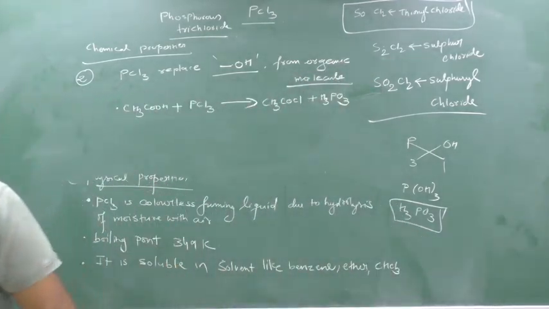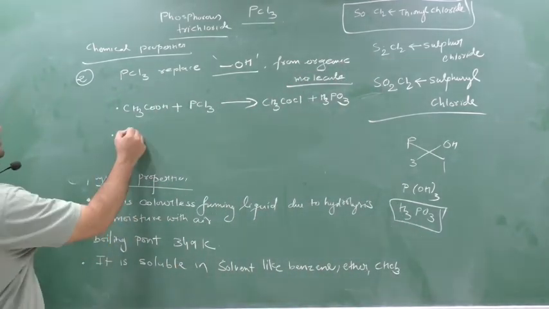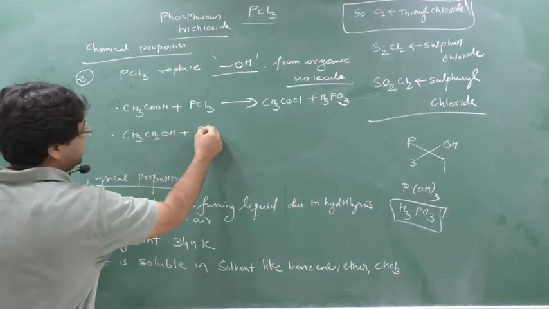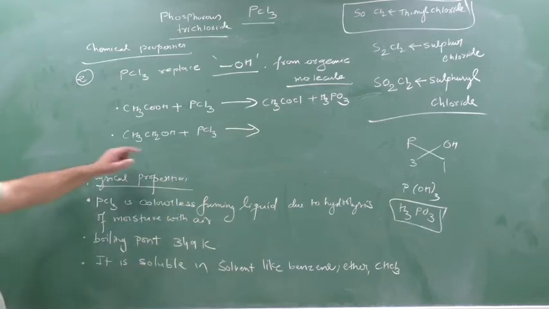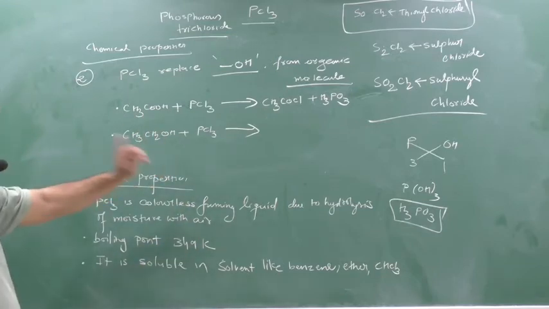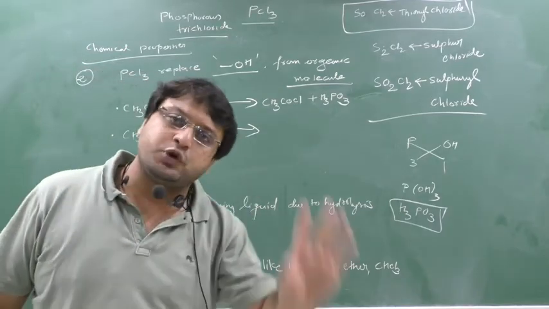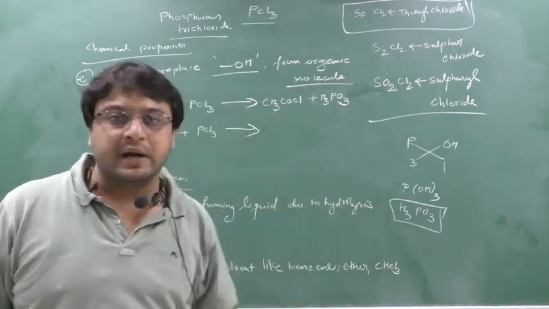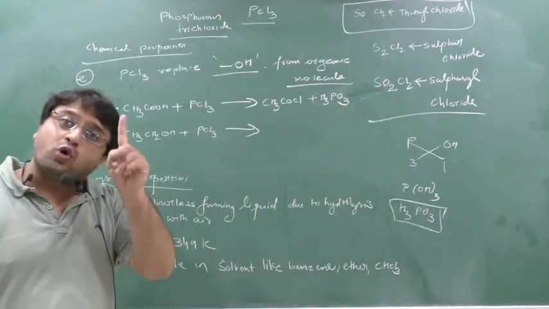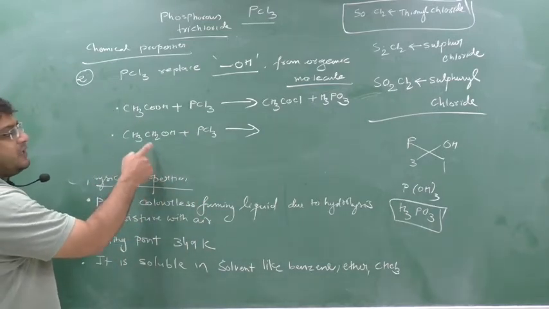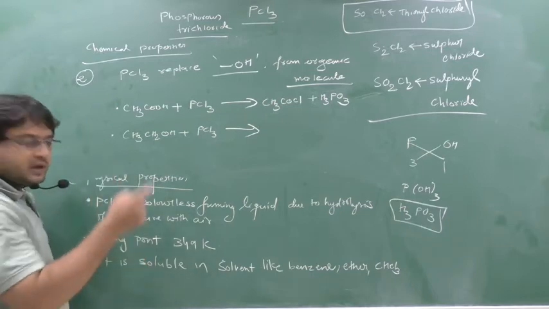Okay, another example we will see, that is an alcohol example. CH3CH2OH with PCl3. Again remember this key point: PCl3 will replace which, H or OH? PCl3 will replace OH from an organic molecule. Now see, this is an organic molecule, so again from here OH will be separated.